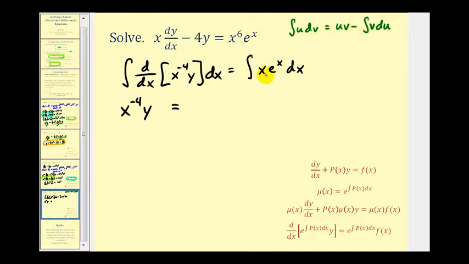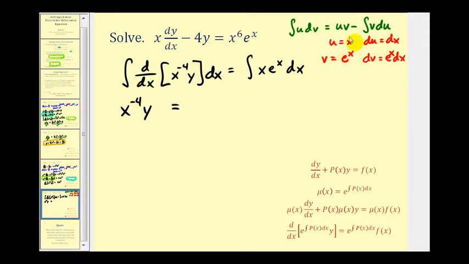So to integrate here, we would let u equal x. So du is equal to 1 dx, and dv is equal to e to the x dx. So if we integrate to find v, the integral of e to the x with respect to x is just e to the x.